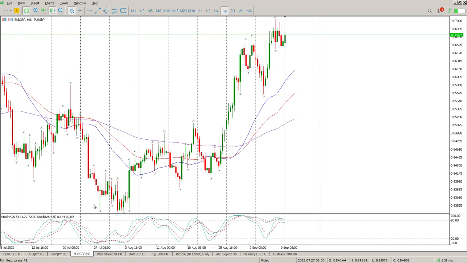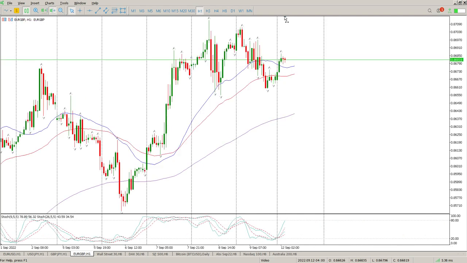So lastly, Euro British Pound. Similar scenario here. Look at this cluster of chaos up here. Clear uptrend at the moment, but obviously I'm looking for structure, and there is no structure on the 8 hour. That's the unfortunate part. So what you need to do is pay attention to the 1 hour. There is the closest bit of structure that I can see on the 1 hour.